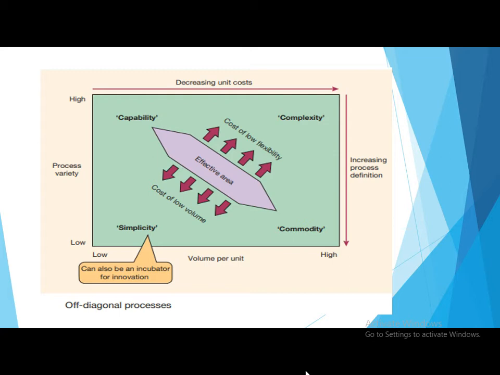Processes in the top right hand corner of this figure are attempting to provide high volume services that are capable of great flexibility. Processes in this area, sometimes referred to as mass customization, attempt to provide the customer with whatever they want, however they want it, and whenever they want it, at an affordable price.